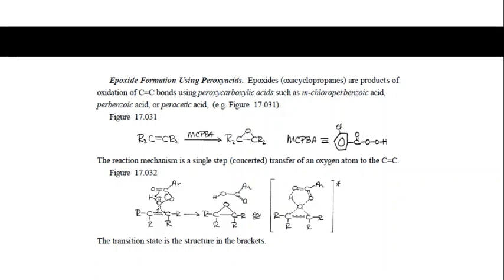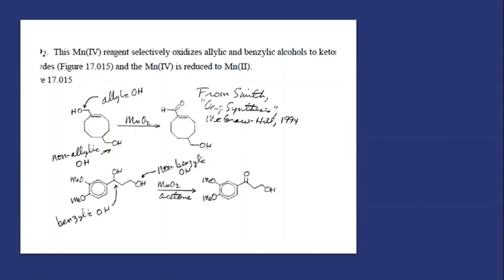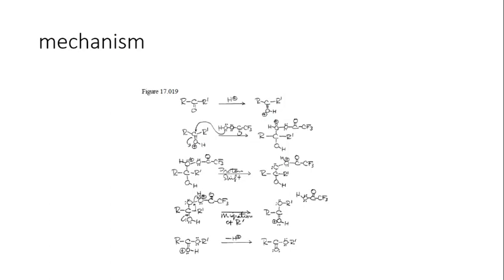So in today's lecture we have talked about the oxidation through MnO2, that is the allylic and benzylic oxidation, and then we have also worked through the mechanism for the Baeyer-Villiger oxidation, that is the oxidation of the ketones. We will be continuing these selective oxidations in the following lecture also.